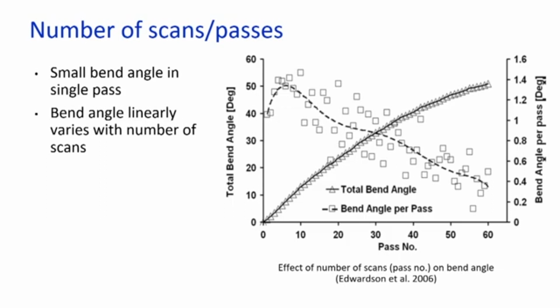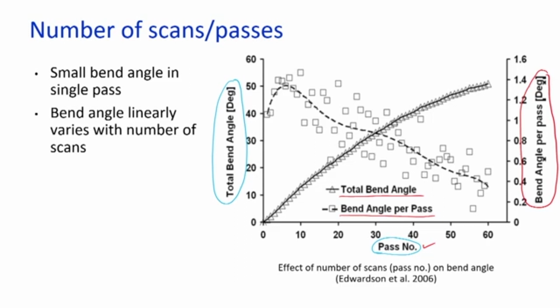On your screen you can see a plot of the total bend angle with the number of passes, and it also has the bend angle per pass in degrees with the number of passes. So, in the same graph we are getting two curves, one curve for the total bend angle and the other curve for the bend angle per pass.